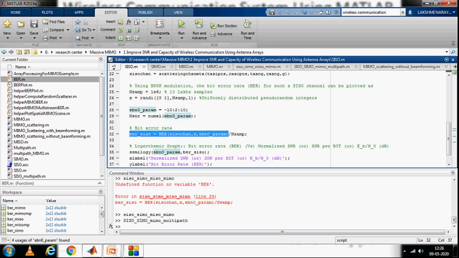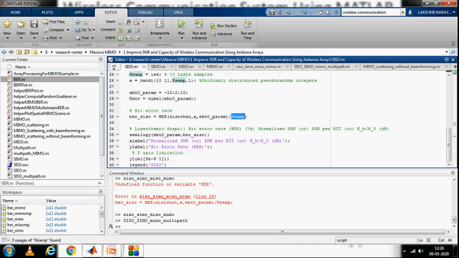Here we are taking 10 lakh samples. In the numerator, the number of error bits. This function will calculate the number of error bits to the number of bits, that is the number of samples. This will give you the bit error rate of single input single output.